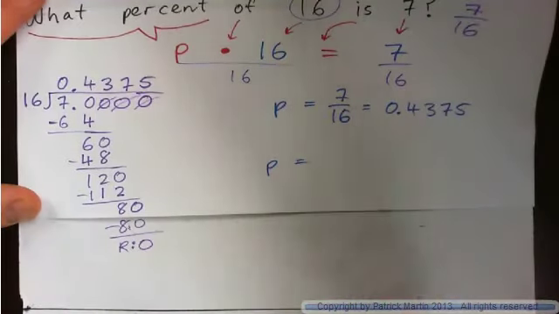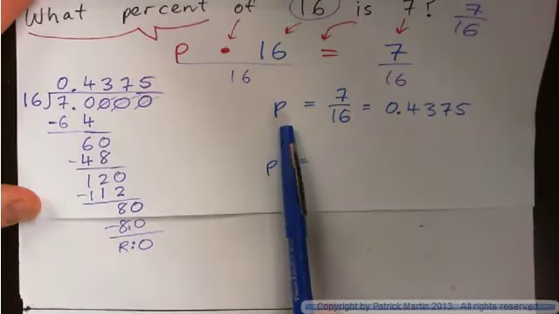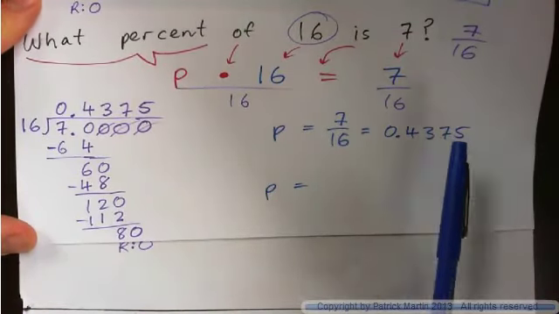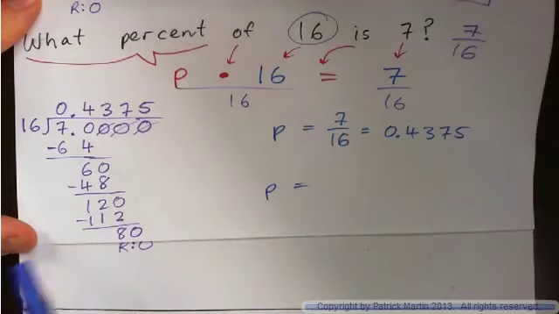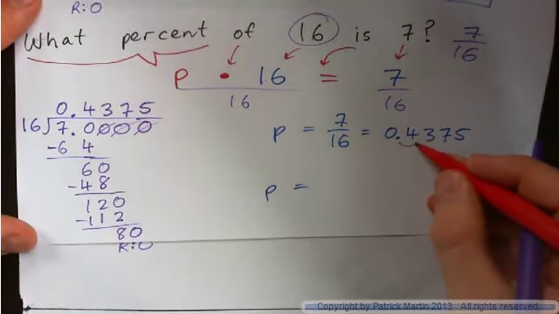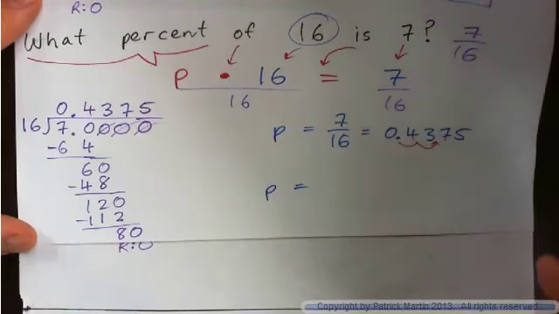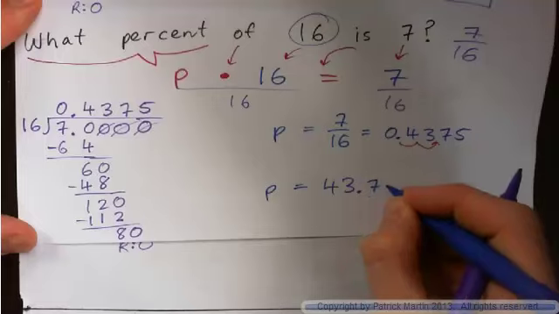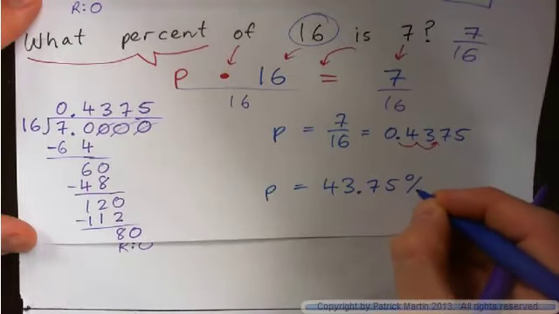And now, so we've got the answer as a fraction and a decimal, but now we have to turn the decimal into a percent. So how do you turn that decimal into a percent? Well, move the decimal point 2 spaces to the right to get 43.75%. Okay.